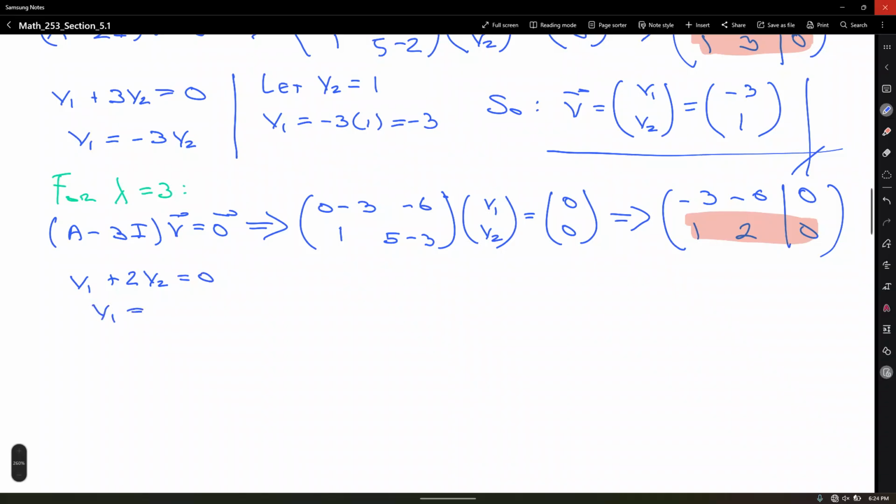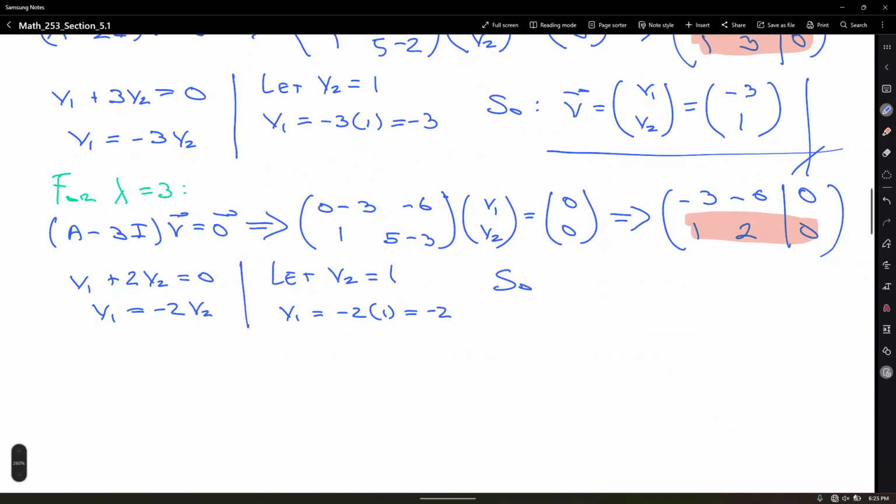Again, I'm going to solve for v1, and let v2 be any number. The simplest one, the better. Let it equal 1. That means v1 equals negative 2 times 1, which is negative 2. And now we have the components of the eigenvector corresponding to lambda equals 3. All right, so that being said, let's see.